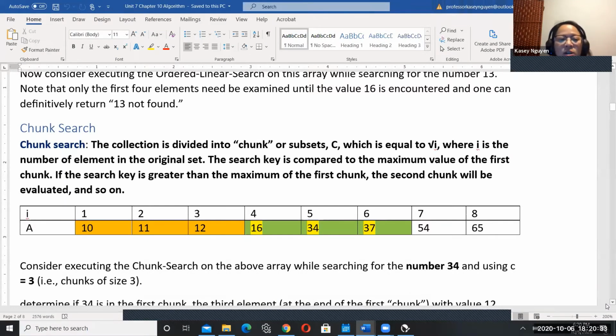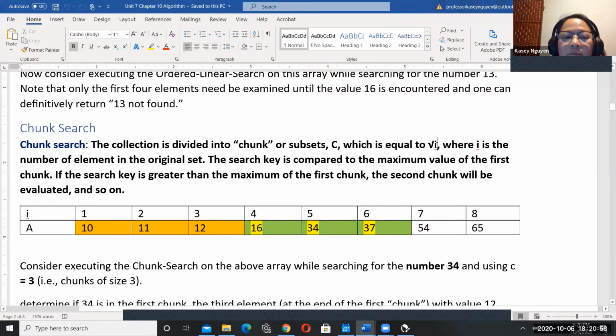In jump search, the chunk means it's going to break the array up into subsets, sublists, or smaller groups. We can determine the chunk size based on the number of inputs.